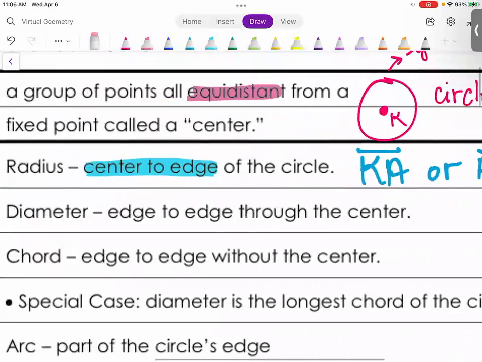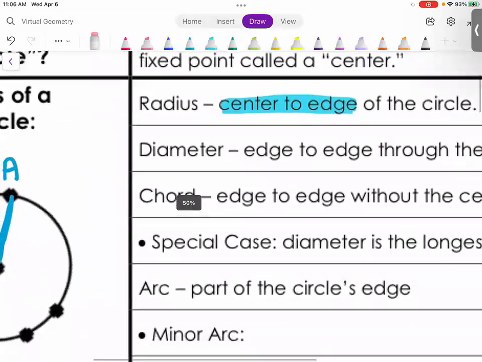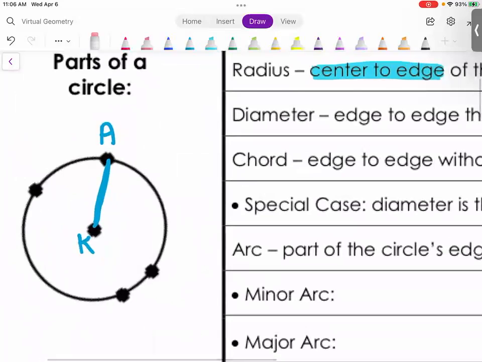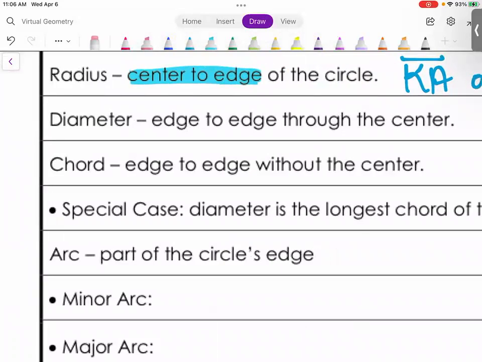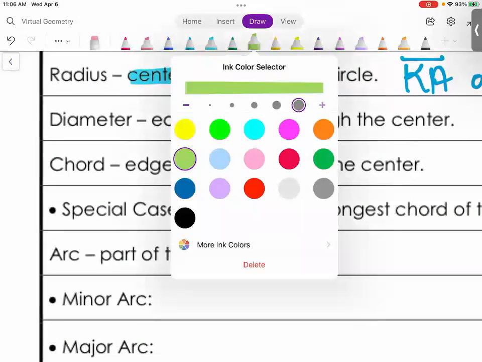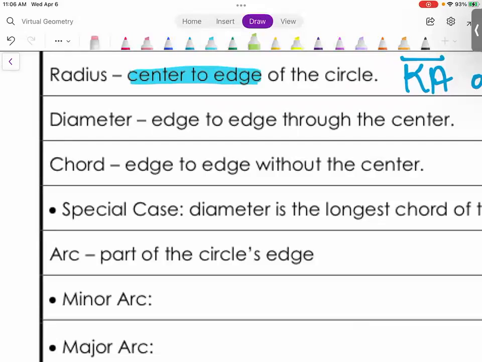Now another big part that we've already looked at is the diameter. Our diameter of a circle has to go all the way across, edge to edge, through the center. So that's our big idea here for a diameter, is that it has to go through the center, edge to edge.